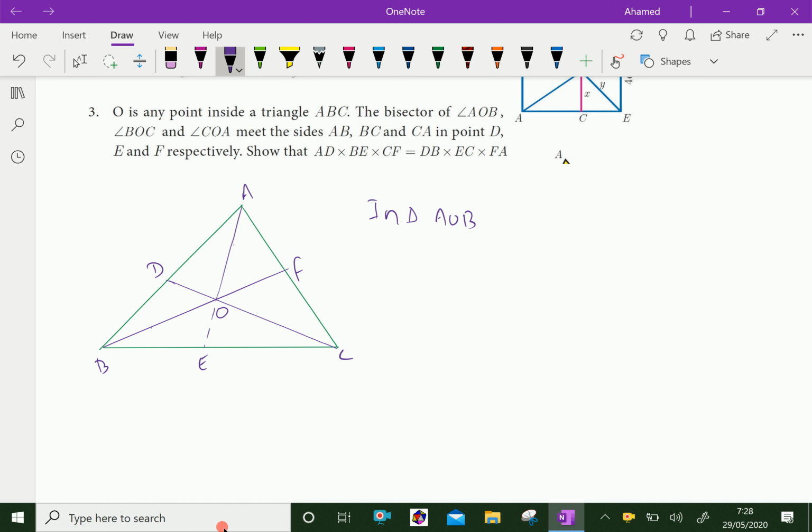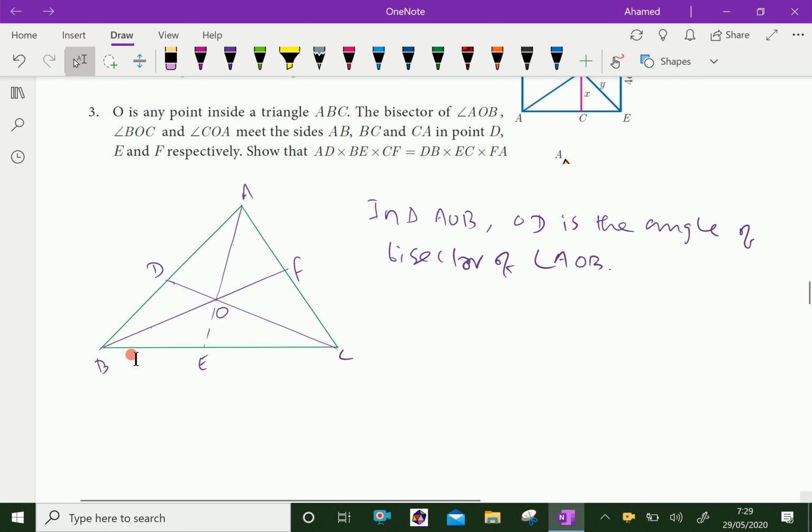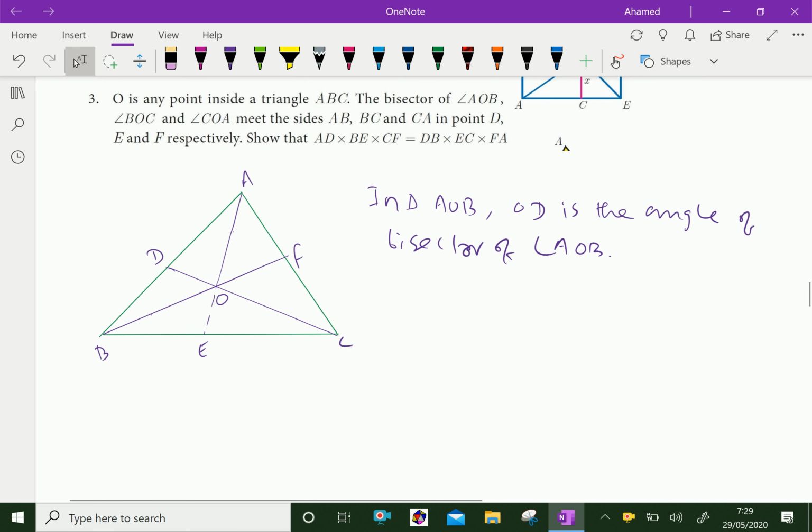In triangle AOB, OD is the angle bisector of angle AOB. OD is the angle bisector of AOB.